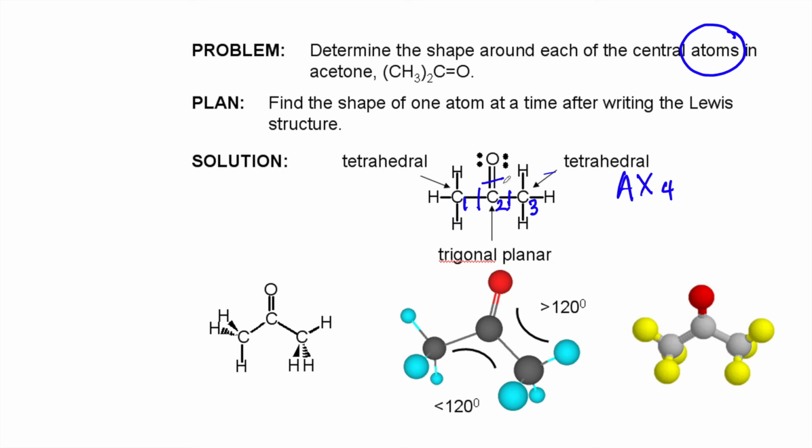So here we have three, so this is AX3. The angle of this one will be more than 120, while this one is less than 120. Why? Because we have two lone pairs here, which repel the bond or the angle.